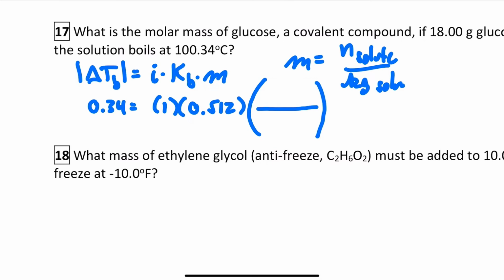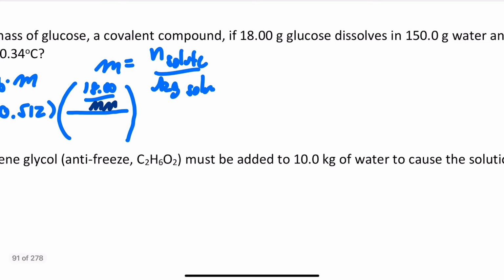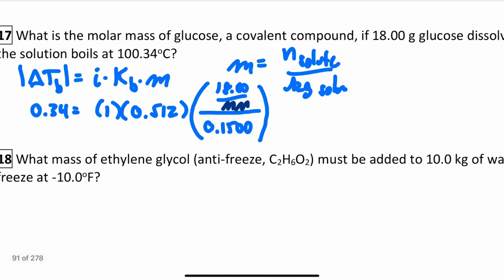Our mass of solute is 18 grams divided by our unknown molar mass of this solute. And then the kilograms of solvent, well, if I read the question back up here, it says it's 150 grams, so that's 0.1500 kilograms, and then we can use this to solve for our molar mass.